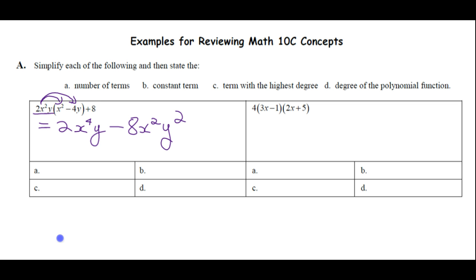And what do we do with the plus 8? We just throw it on the end, right? Plus 8. Do we have any like terms? There are no like terms there, right? Like terms are terms that would add together, right?